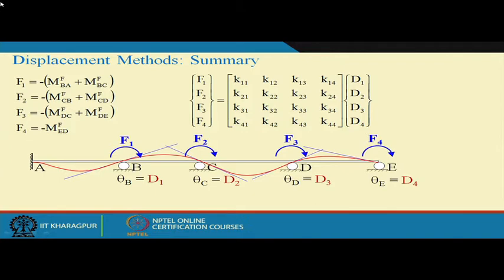Again, this is the slide which gives you the summary of the displacement method. I showed this slide in the last class as well. Ideally, we want to get this relation: here are the degrees of freedom, the stiffness matrix, and the nodal force vector.